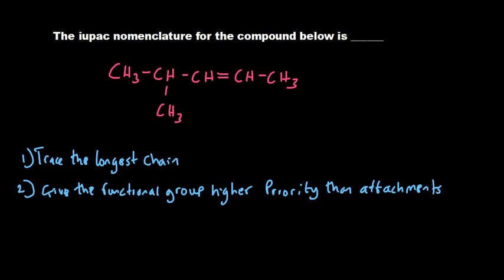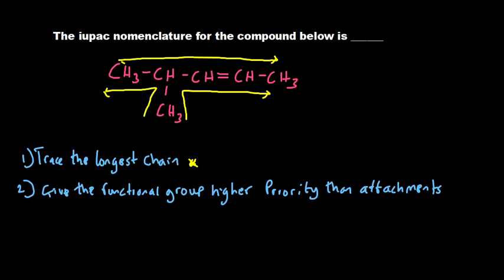We have to go for the longest, but I want to show us the chains so that we can effectively understand. The first is this, and the second is this. In fact, there is probably even another one like this. But the principle that we follow in IUPAC nomenclature is to trace the longest chain.